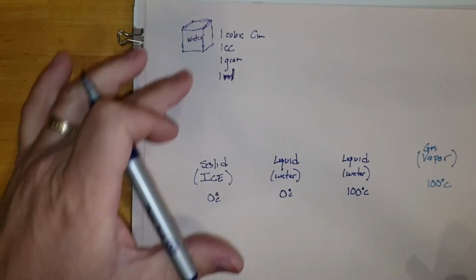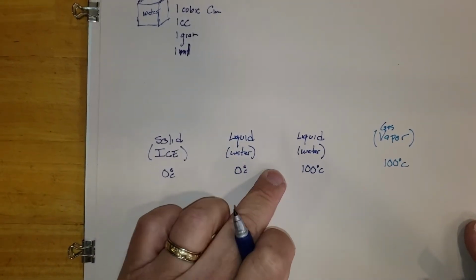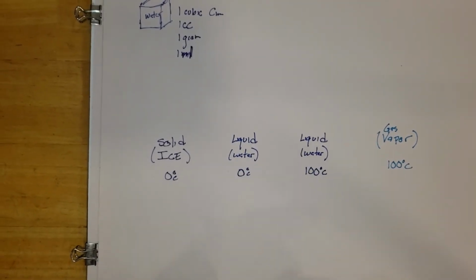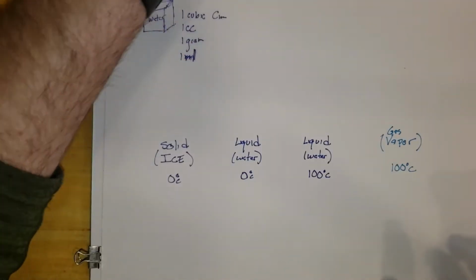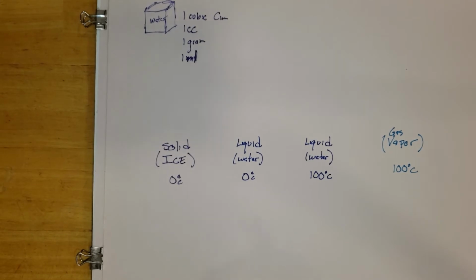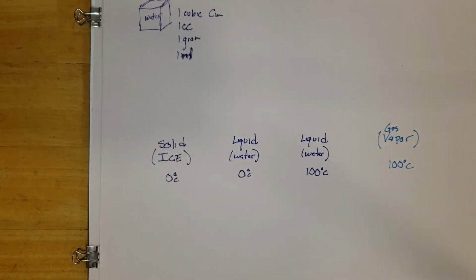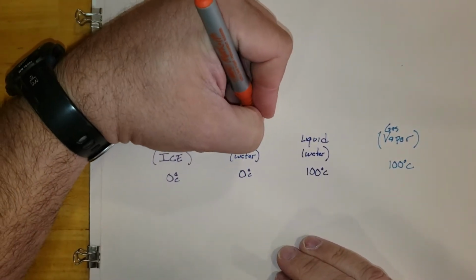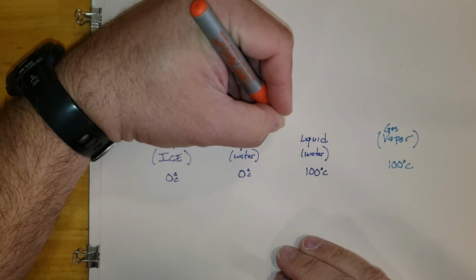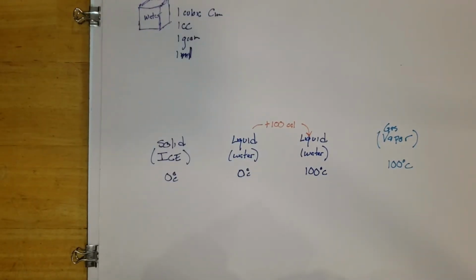As we're going through and we're increasing the temperature of 1 gram of water by 1 degree Celsius, we need to add 1 calorie. Okay? And so we're going to start measuring in calories. So in order to increase our temperature of our water, we're going to go from 0 to 100. We need to add 100 calories in order to go from one to the other.